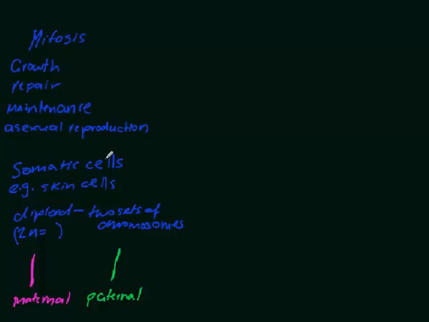Now, just before replication occurs, these chromosomes duplicate. And this is when we start to see this characteristic X structure. So we'll just draw this X structure in. And we call these things sister chromatids.